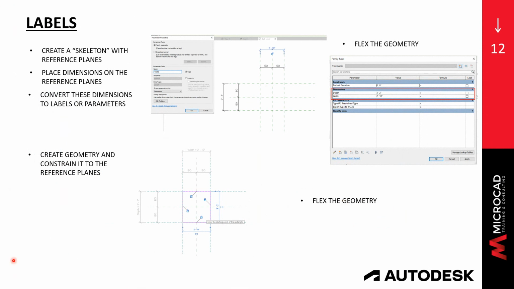Last, and as I told you, this is just the beginning of a series of webinars that we're going to do regarding families. When you are creating, for example, MEP families, it's very important in the family editor to use the MEP connectors. And the MEP connectors is what makes those families MEP families.